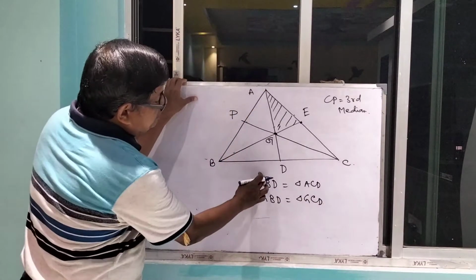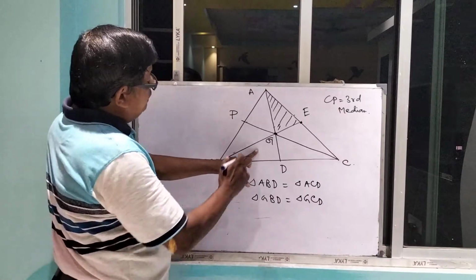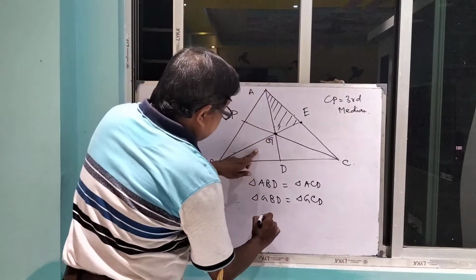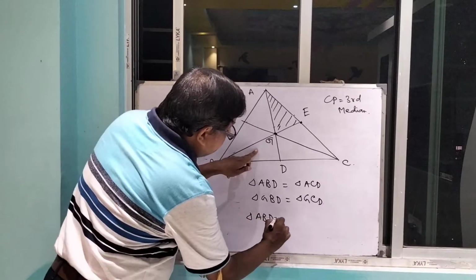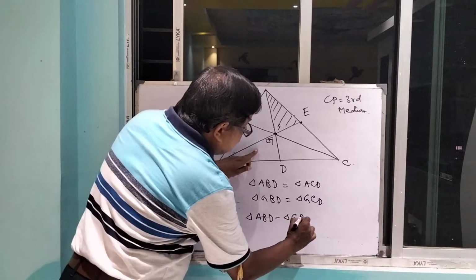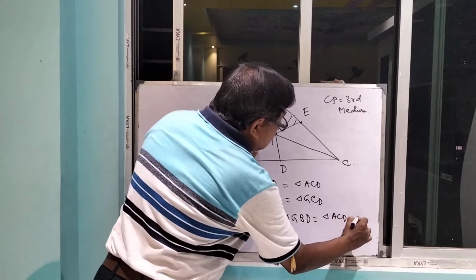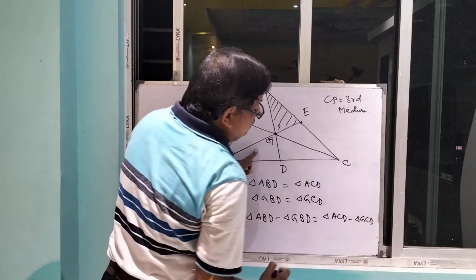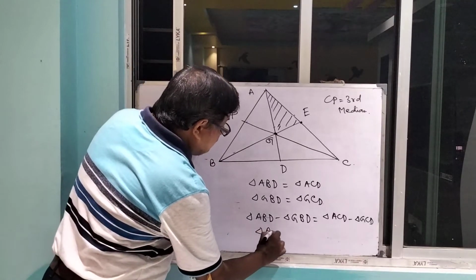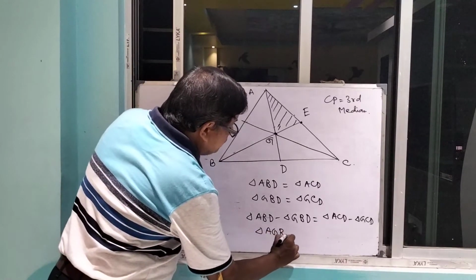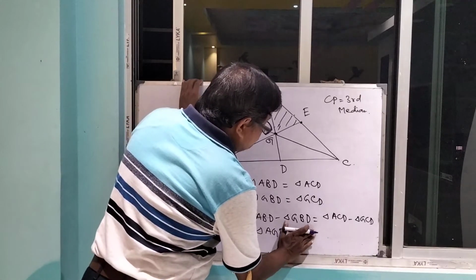Now subtract this minus this. Whole triangle minus GBD, so we are getting AGB. If we subtract, look here, ABD minus triangle GBD equals triangle ACD minus triangle GCD. Now this part will be triangle AGB equal to triangle AGC.